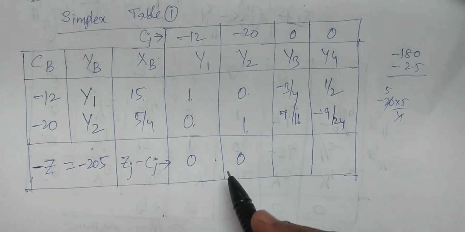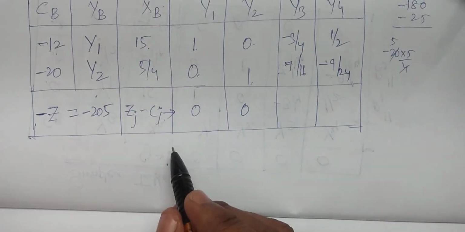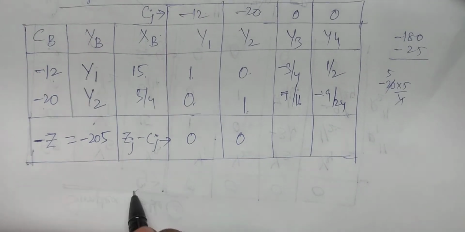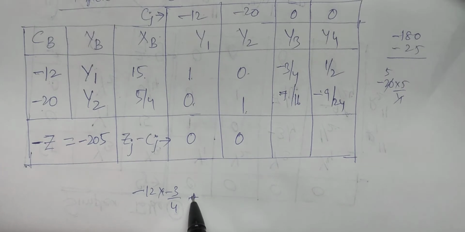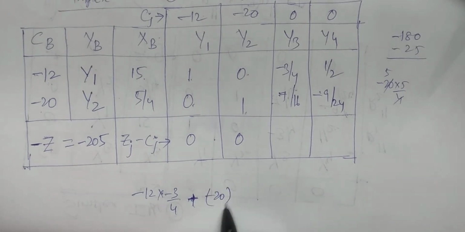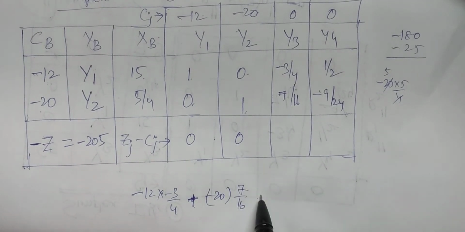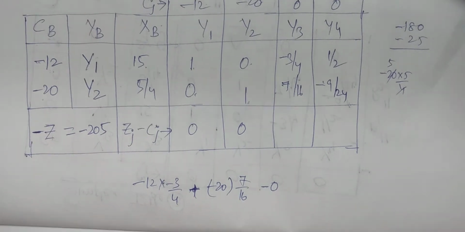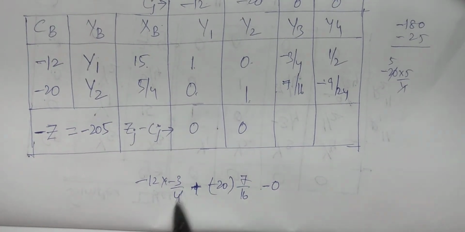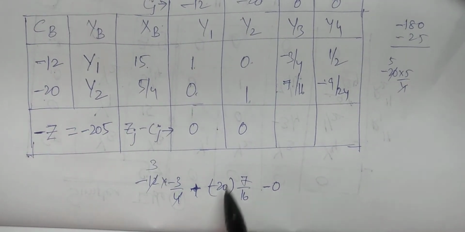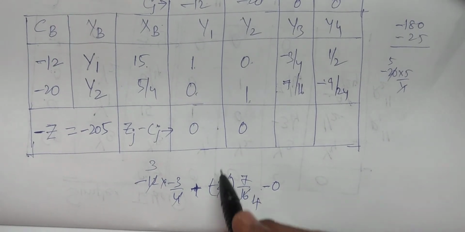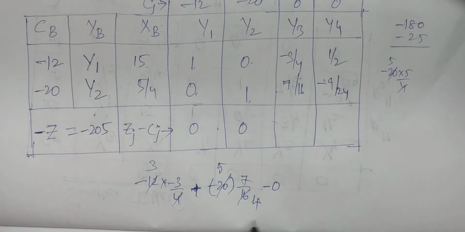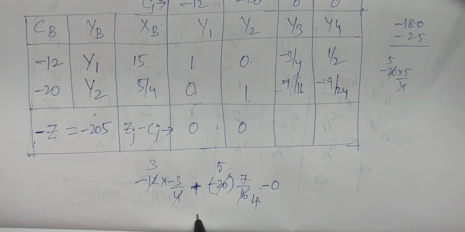Now you see here, I am calculating over here. Minus 12 into minus 3 by 4 plus minus 20 into 7 by 16 minus 0. So this is the Zj minus Cj. Here, 4 3s and 4 4s and 4 5s, so take an LCM of 4.